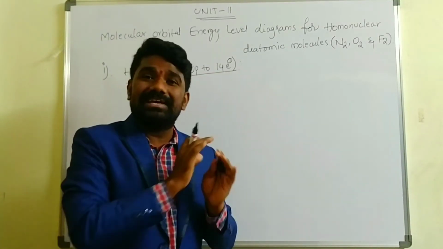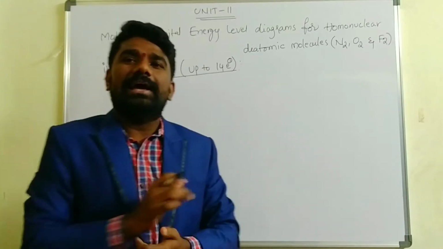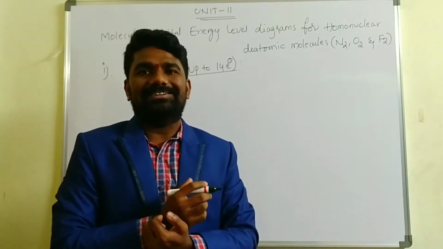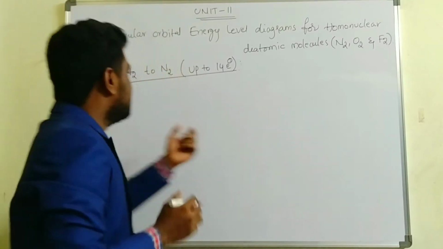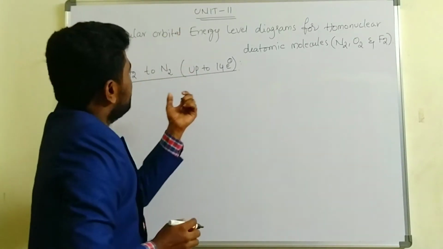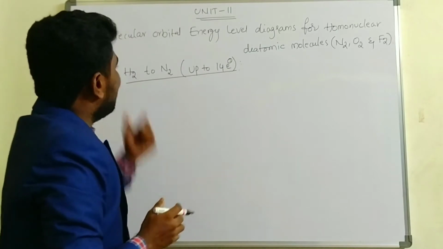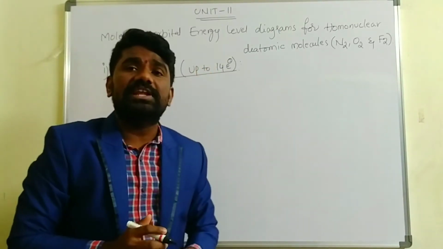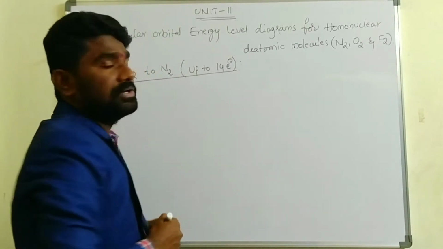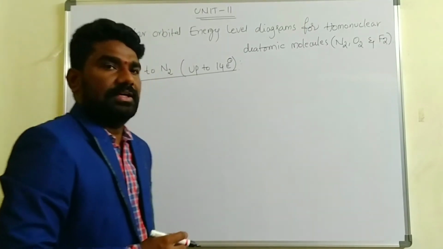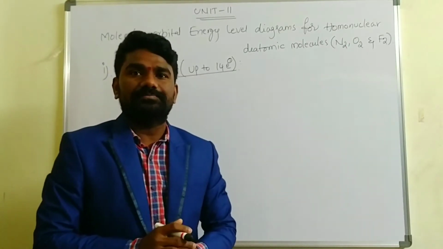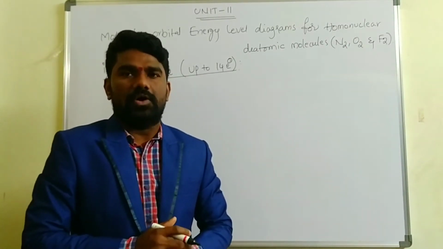We have one type of relative energy order of molecular orbitals. Let us see the relative energies of molecular orbitals for up to 14 electrons, that is H2 to N2, in increasing order.